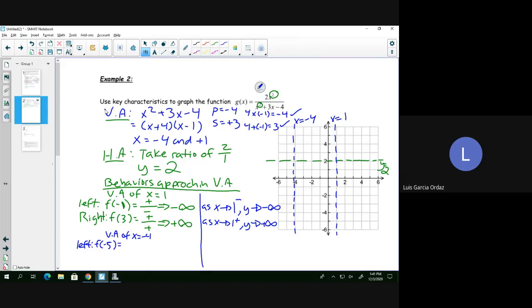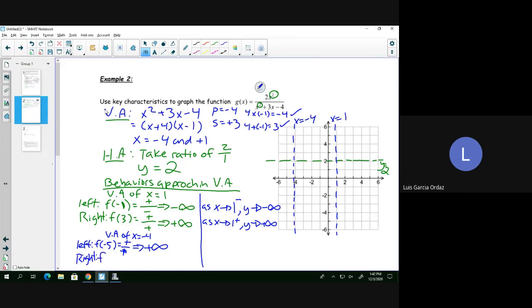And what signs do my numerator and denominator give me? So we get positive over positive. That means this is approaching positive infinity. Now we need to take a number that's to the right.